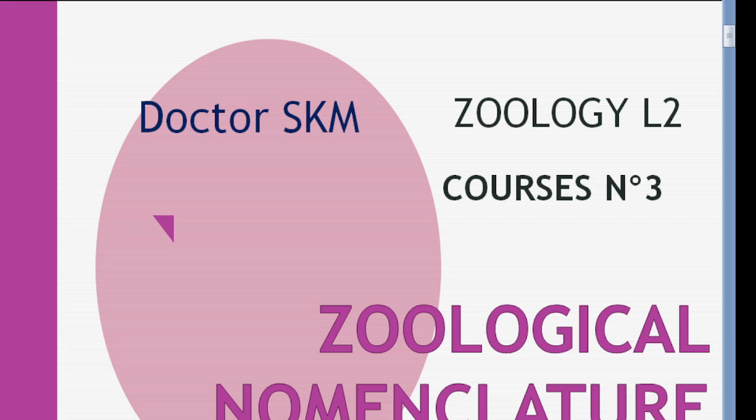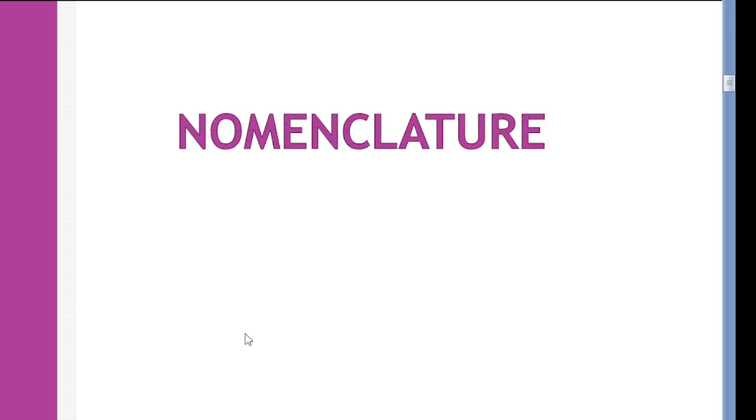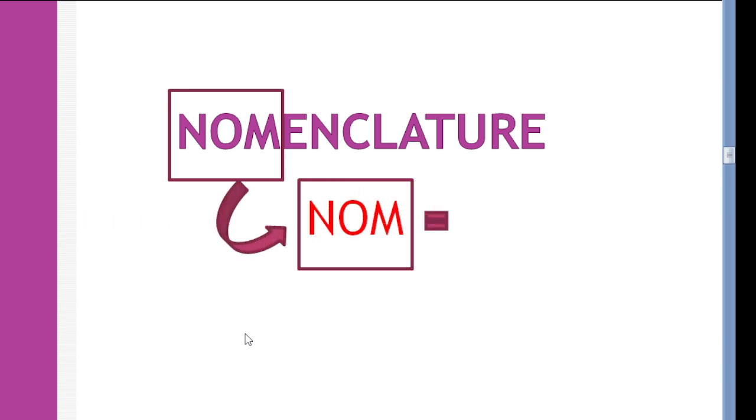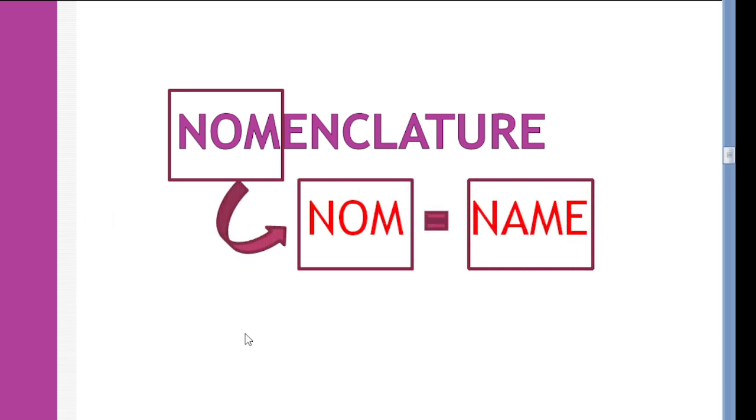This is Dr. Eskam. Today we continue with our series of zoological courses, and today we will talk about zoological nomenclature. But before, let's know what the word nomenclature means. If I take this word, I can divide it in two parts. The first part is nom, which is a French word which means the name.